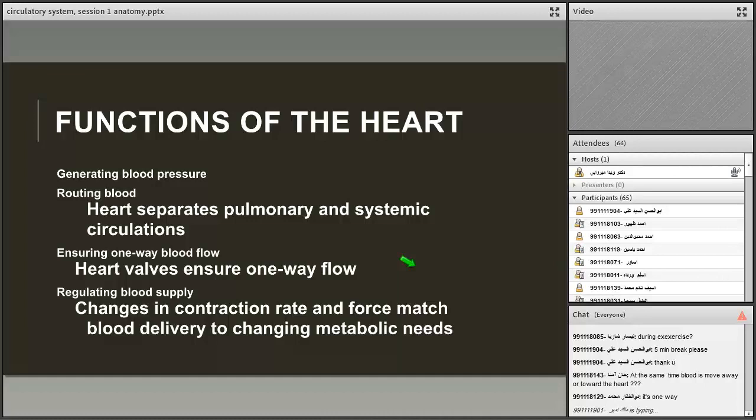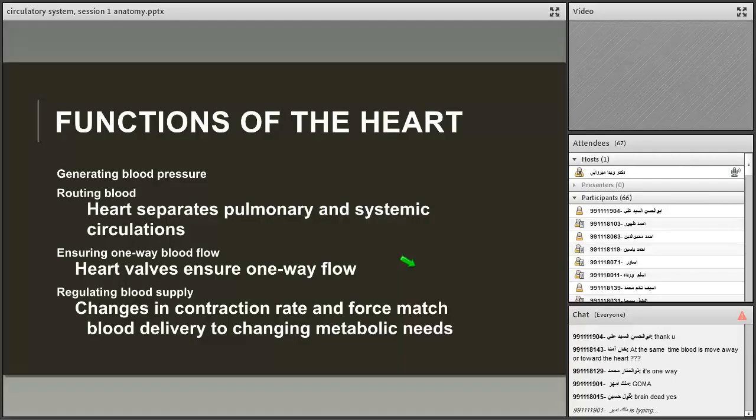The heart will start its function at day 20 of the embryo, and if it stops its function, the person will be dead. If the brain stops its function, the person is not dead. Many persons in the ICUs have brain death, their brain doesn't work, but their heart is working.